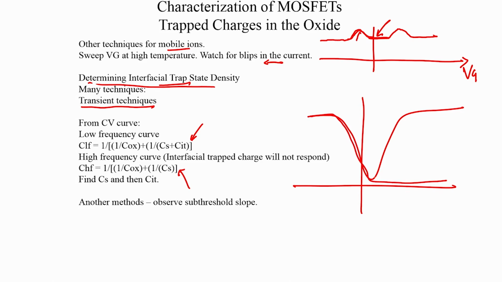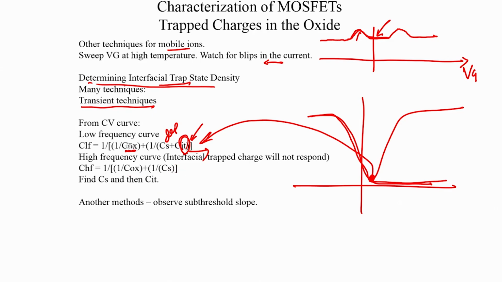So, in a low frequency CV measurement at this point you will see the influence of the series capacitance of Cox, C depletion and the interfacial trap capacitance, because the charges trapped in the insulator can respond to the low frequency AC signal. But at high frequency it is unlikely that the interfacial trap capacitance will respond, and we will only see the influence of Cox and C depletion.